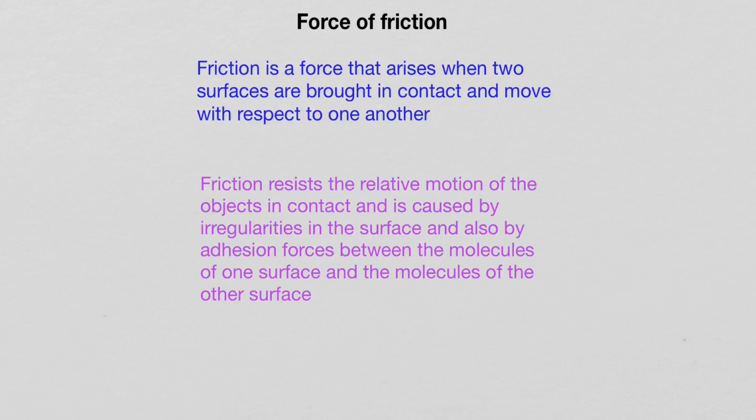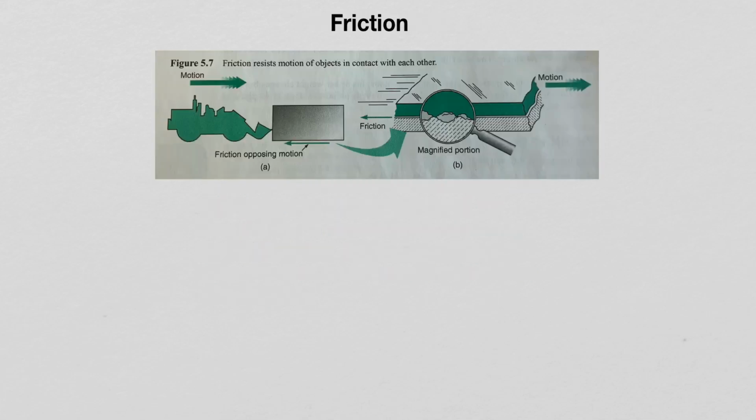So the nature of friction is to resist the relative motion of objects in contact, and it is caused by irregularities in the surface and also by adhesion forces between the molecules of one surface and the molecules of the other surface. So friction can only arise when an object is moving across a surface, so there is contact between two surfaces, and friction always opposes the direction of motion.